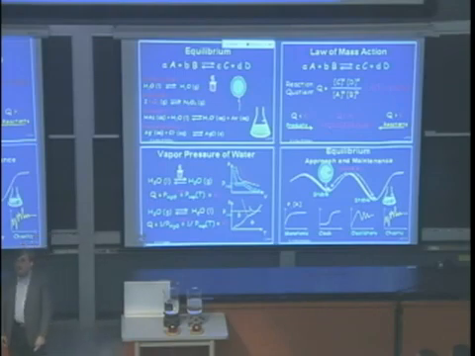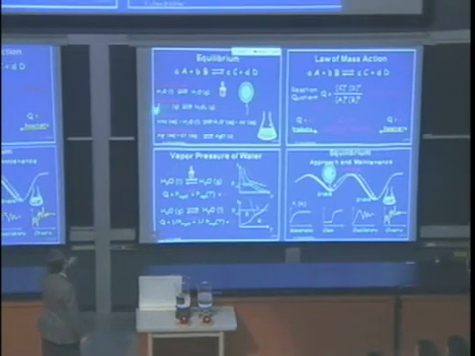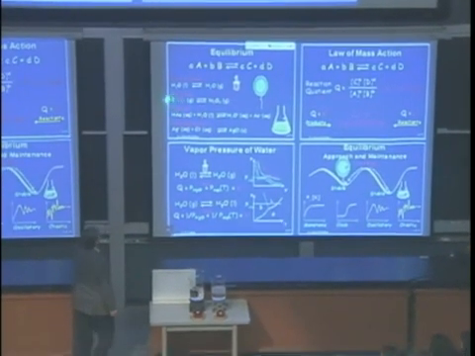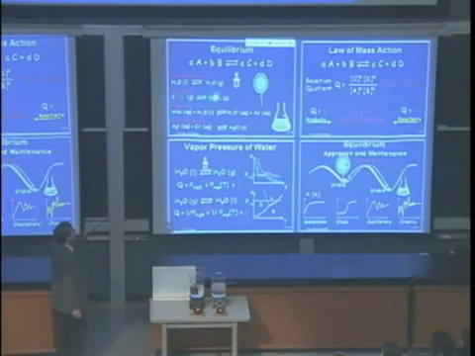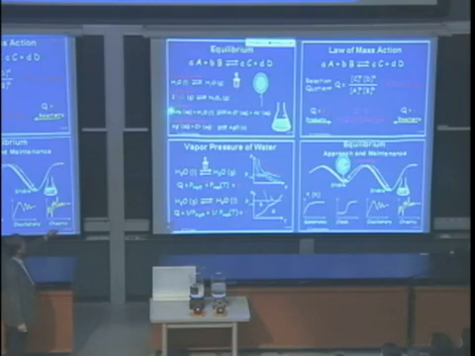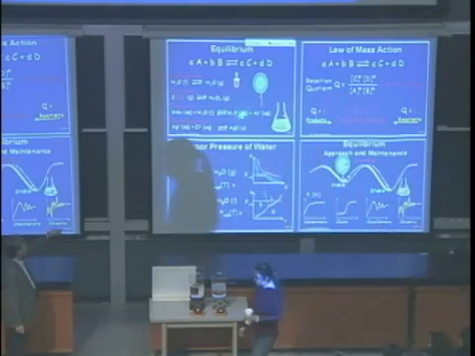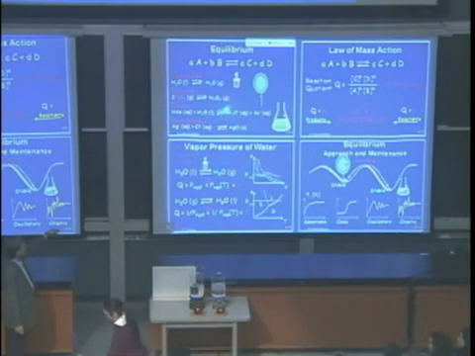We looked at the liquid-gas equilibrium. That's the boiling of water. And we also looked at the pure gas equilibrium, the dimerization of nitrogen dioxide to N2O4. Then we looked at an aqueous equilibrium where we had acetic acid in water, which gives this proton to the H2O molecule and forms H3O plus.